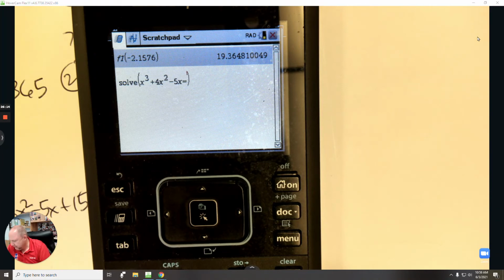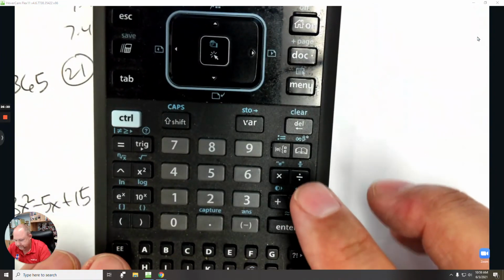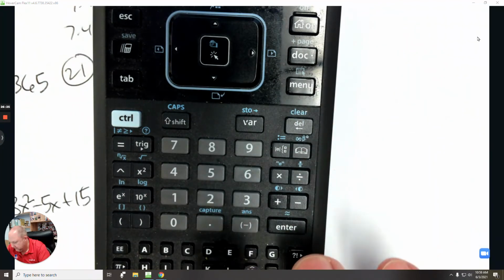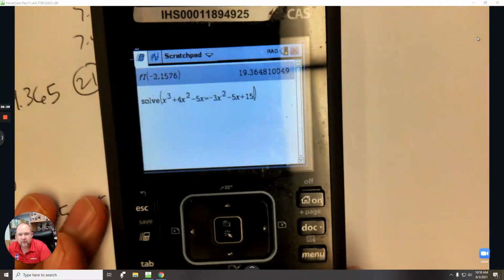What's the other equation? Negative, make sure it's this negative, 3x squared, and then I am subtracting 5x and adding 15. So there's my equation of what it would look like.